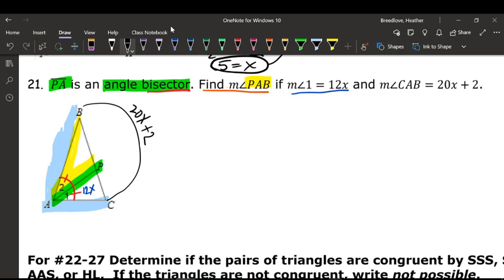Okay, so looking at this with angle addition postulate, the two small angles added together will equal the large angle. And if I know that it's bisected, I know they're equal. So I could say 2 times 12x, or I could say 12x plus 12x. It's the same thing. So 2 of the small one equal the big one. So 2 times 12x equals 20x plus 2.